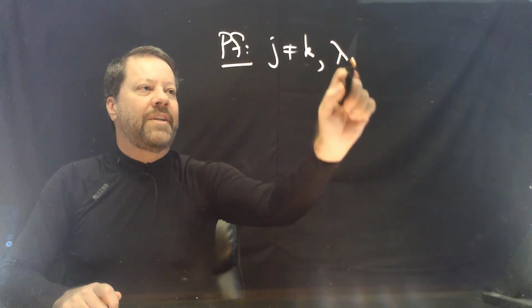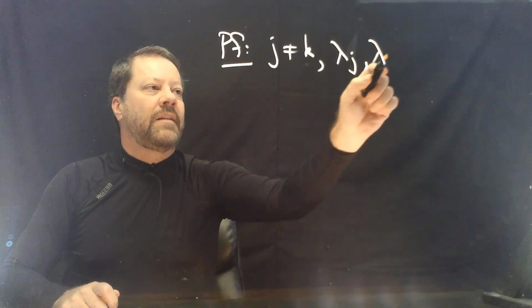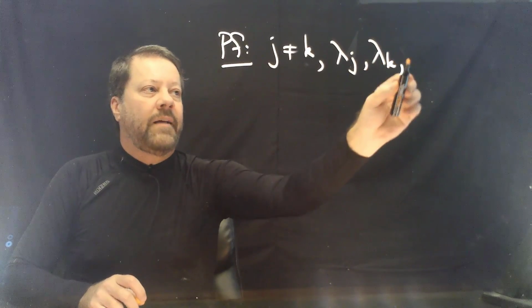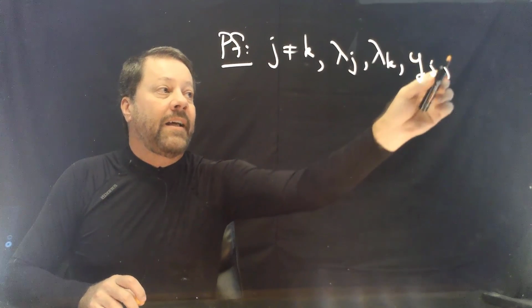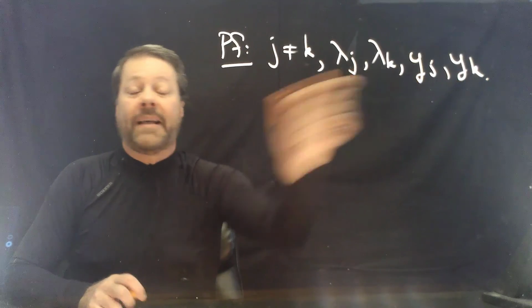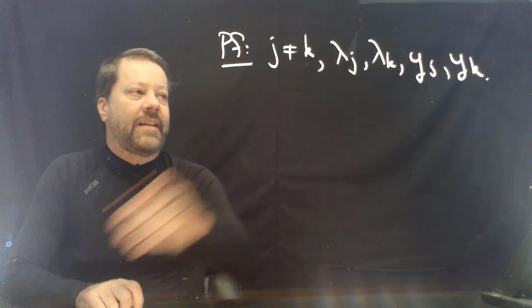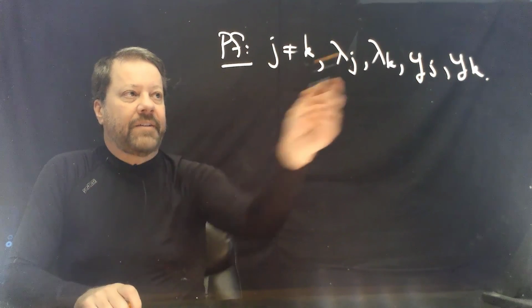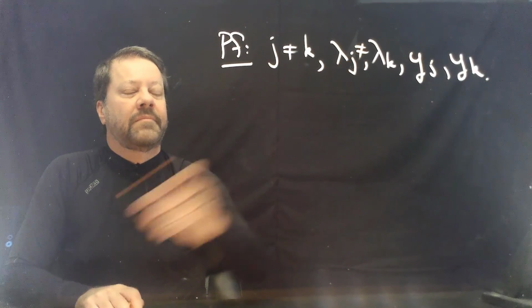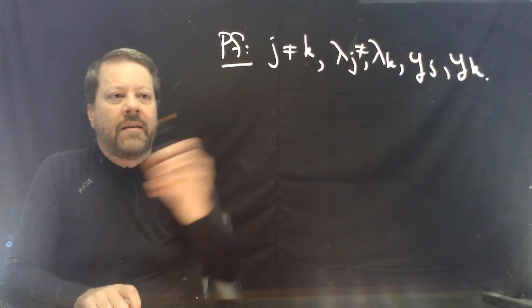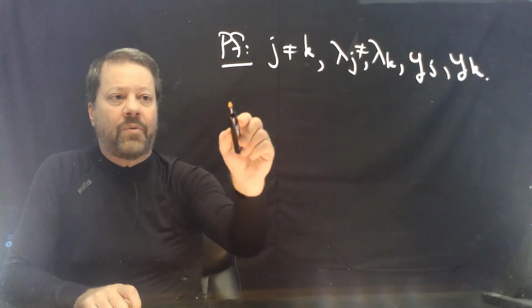We're going to have lambda j, lambda k, and then yj and yk being eigenfunctions associated with these different eigenvalues. These have to satisfy the same Robin data.